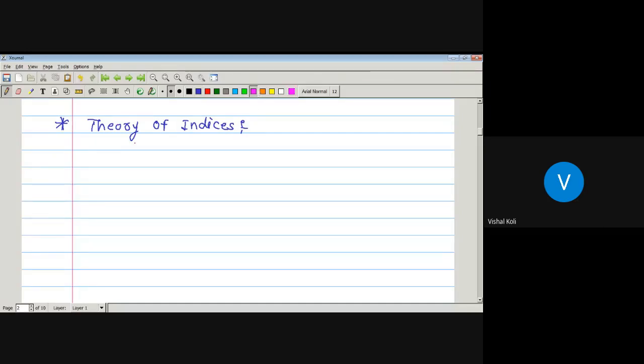See, first definition: let r be a primitive root of an integer n and GCD of a comma n is equal to 1.